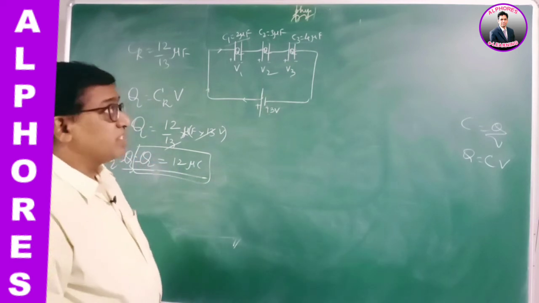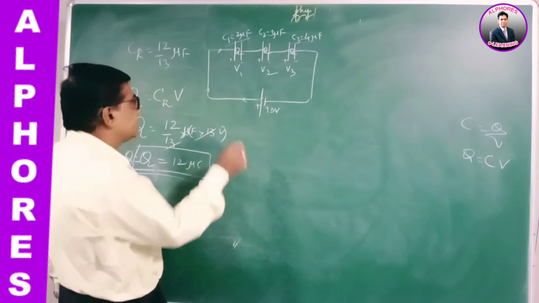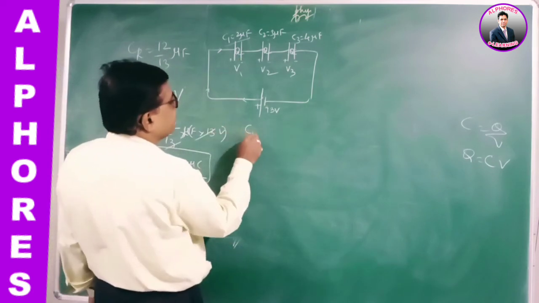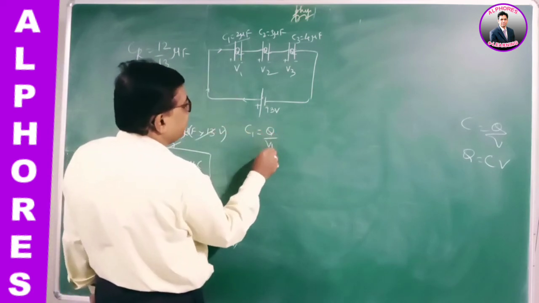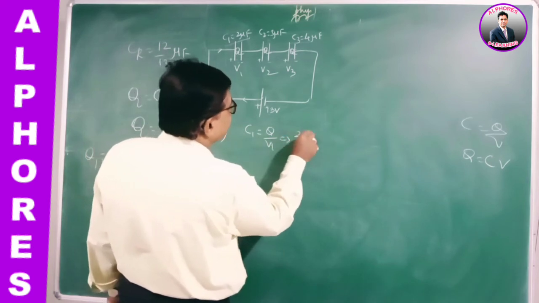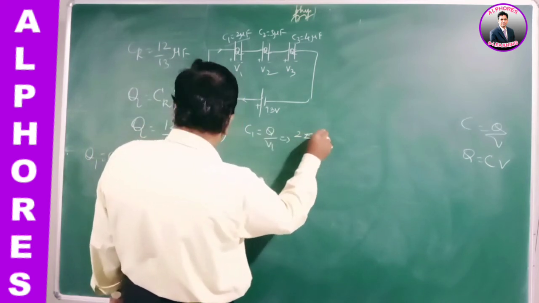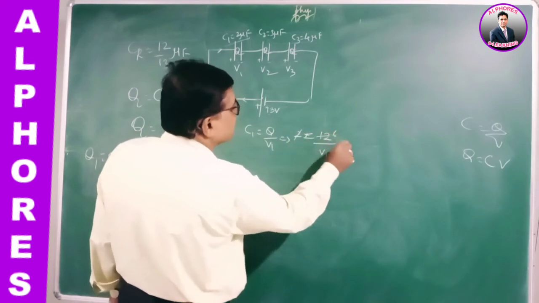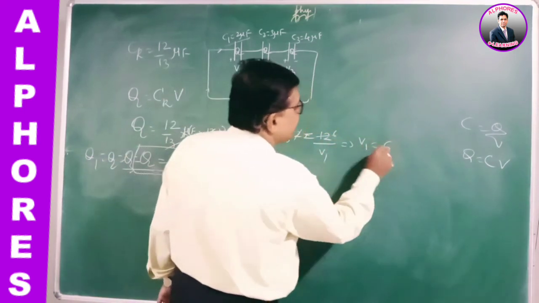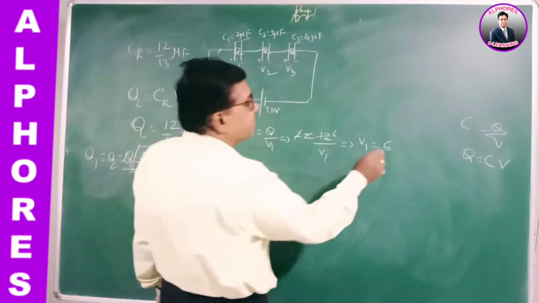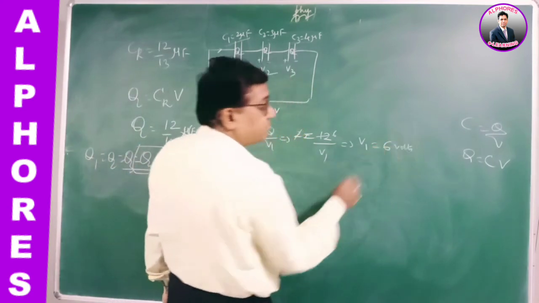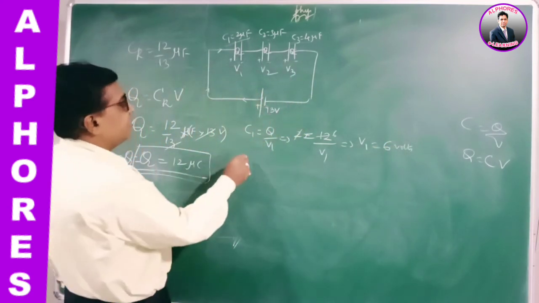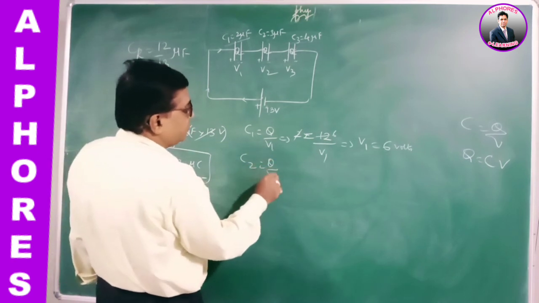Then how about the potentials? What are the individual potentials? If I take the potential of this one, C1 is Q by V1. C1 is 2, charge Q we got as 12, the potential is V1. So cross multiplying, V1 is 6 volts. Similarly, C2 is equal to Q by V2.